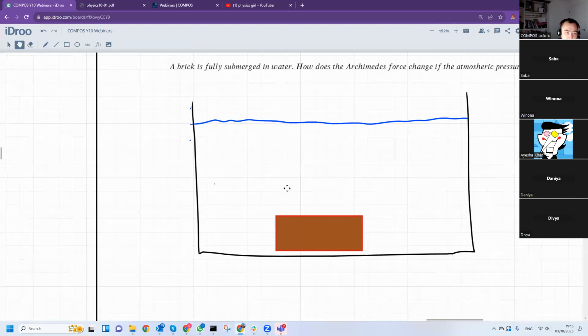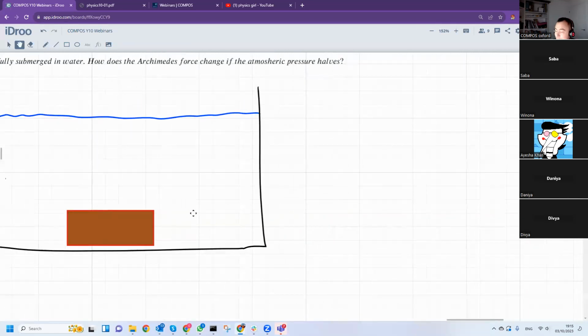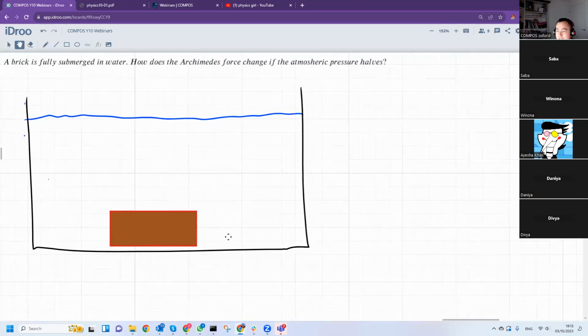Well, if you do the smart thing, and the smart thing when you're doing a physics problem and you don't fully understand it, you go to the formula sheet, right? If you don't understand how to do a problem, you go to the formula sheet and you look for insights.